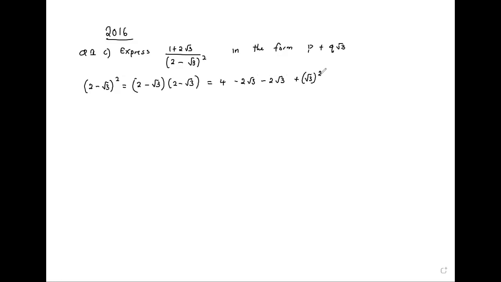We all know that the root and the square cancel each other whenever they meet. And then negative 2 minus 2, we get 4. And then here we are going to have plus 3. This is the same as 7 minus 4 root 3. And then get back our expression now to be 1 plus 2 root 3 over 7 minus 4 root 3.